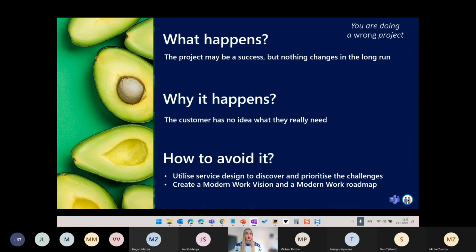So they stopped the internet competition process, and they did this service design phase where we had many workshops, many interviews, engaging people all around the company to really discover the current state of internal communications in the company. And as a result, yes, they needed an internet.